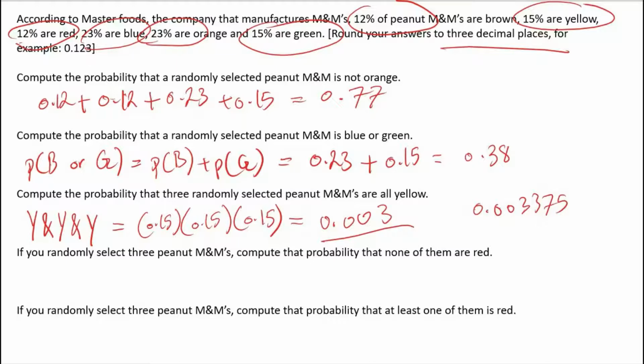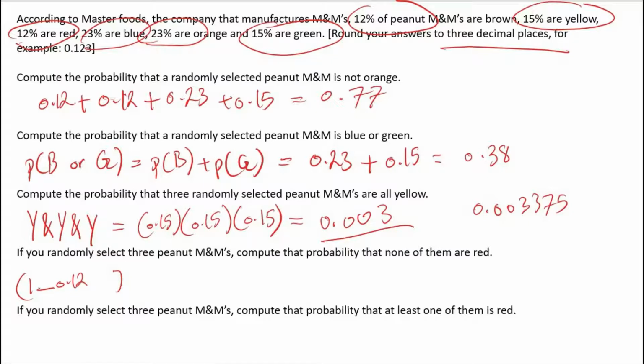The probability of selecting not red is basically the addition of all other probabilities except for the red color, and that will give me 12% plus 15% plus 23% plus 23% plus 15%. Or we could say 1 minus 0.12, that is the probability of selecting a non-red M&M.